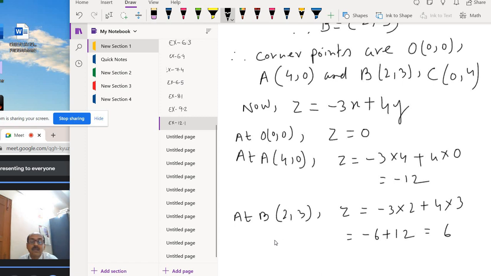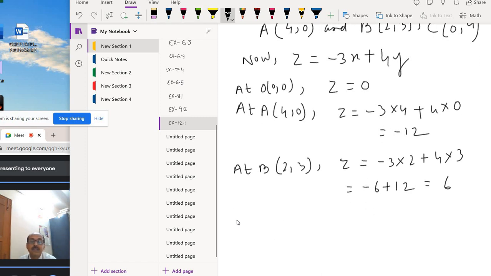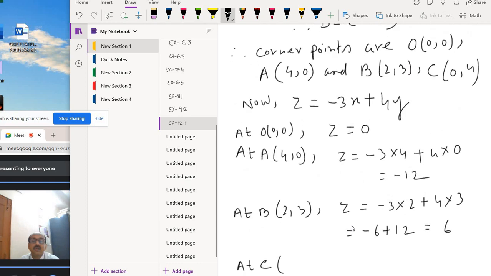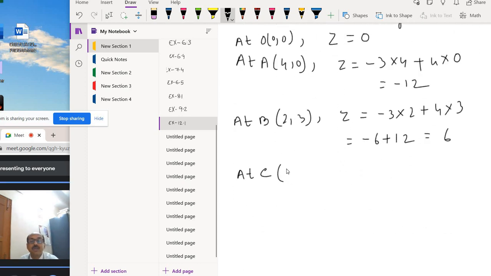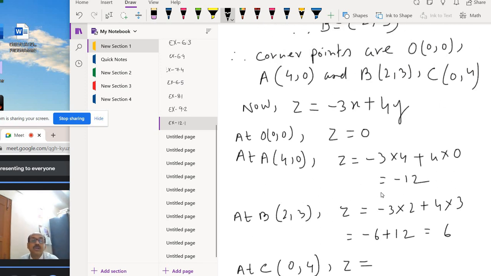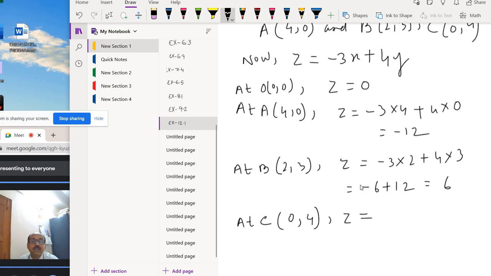Then at which point? At C. What is the coordinate of C? 0, 4. So x is 0, y is 4.